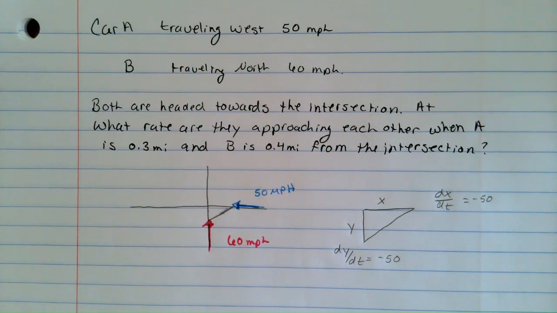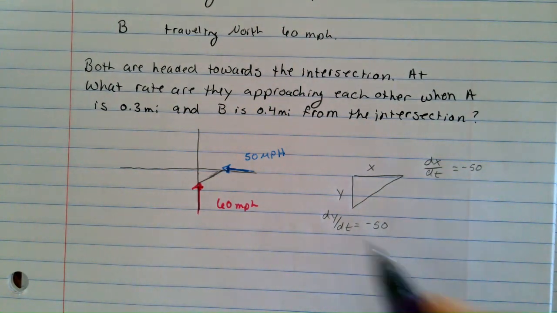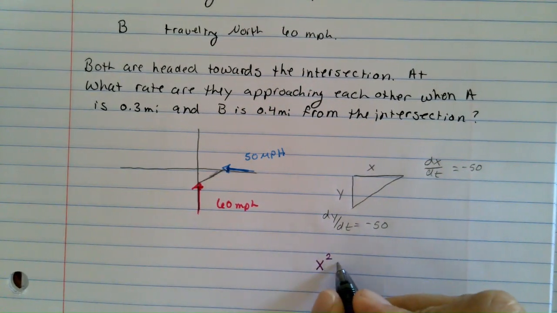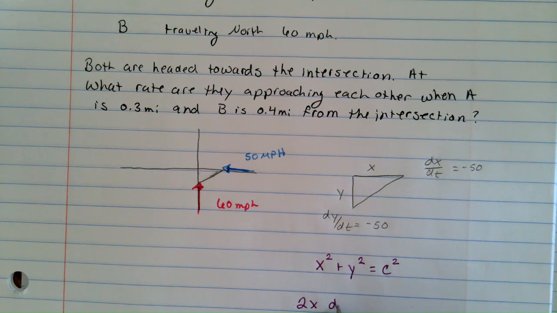Now we do know that we have a relationship here that x squared plus y squared equals c squared, right? And if I derive that, I would have 2x dx dt plus 2y dy dt equals 2c dc dt.